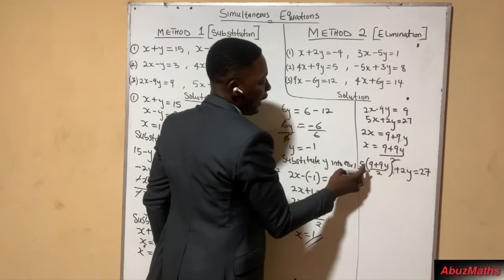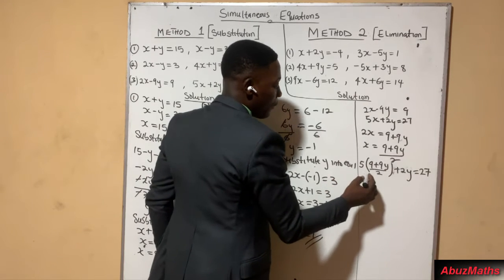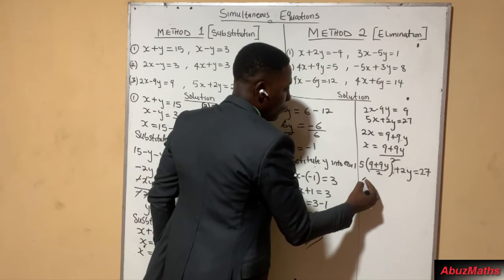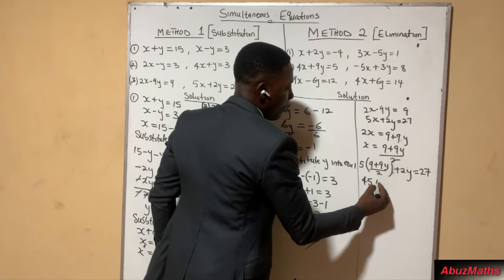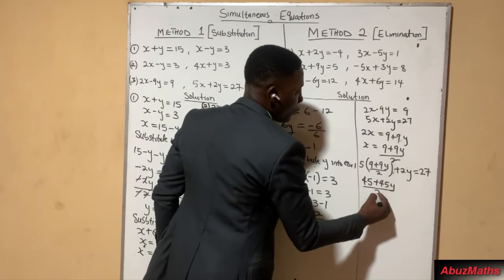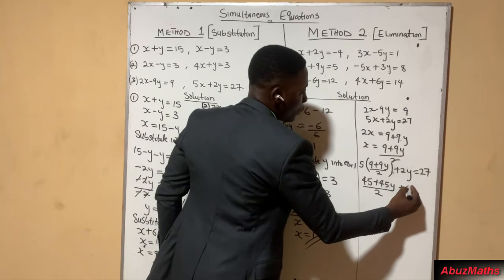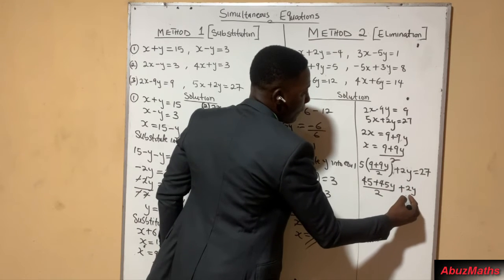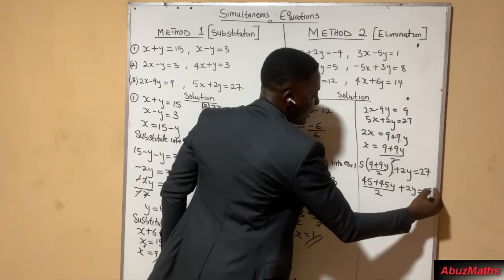Now, if I do this, 5 times 9 will give me 45. So 45 plus 45y divided by 2 plus 2y is equal to 27.